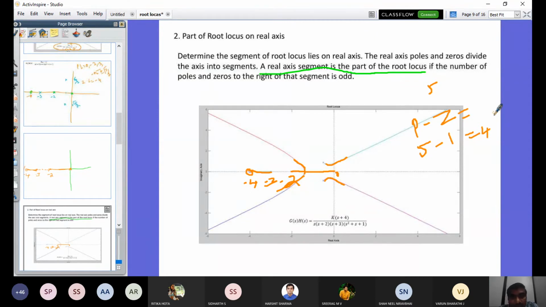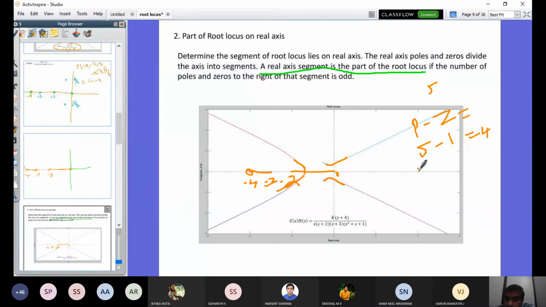So we are going to identify which direction each will travel and end at infinity 0. That idea is provided by a technique called the asymptote. Asymptotes give the idea of how the root locus branches end at infinity 0.